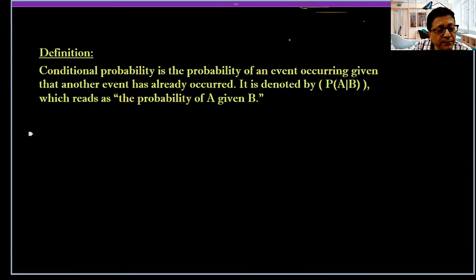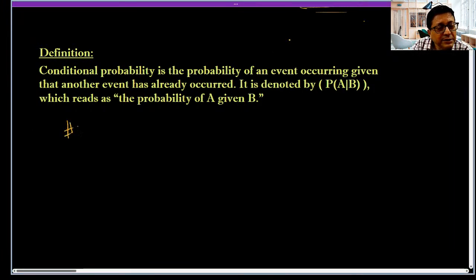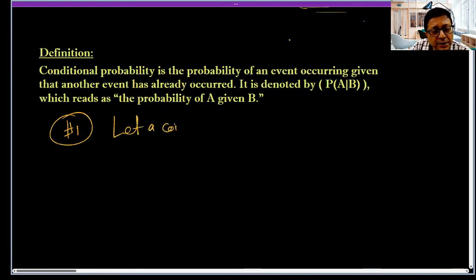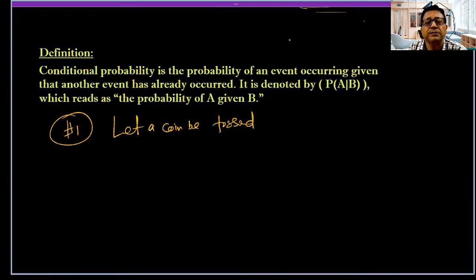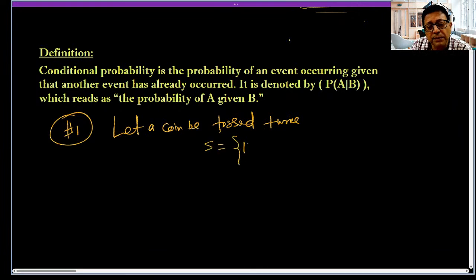Let us take an example here. Let a coin be tossed thrice. You know the sample space. I am writing it to simplify the problem.